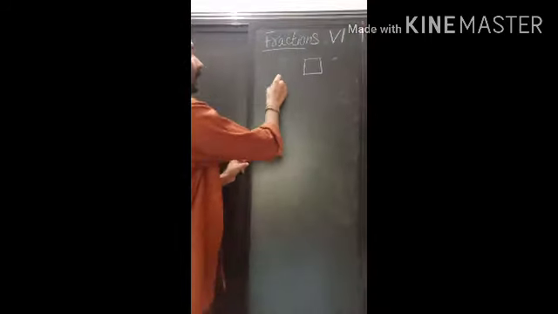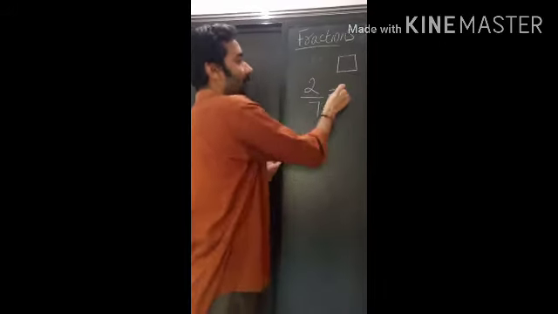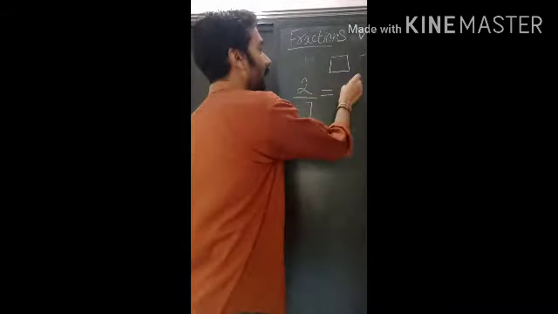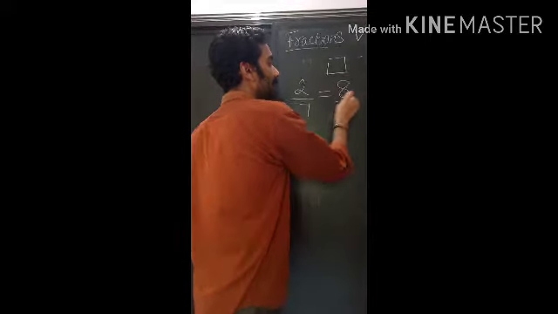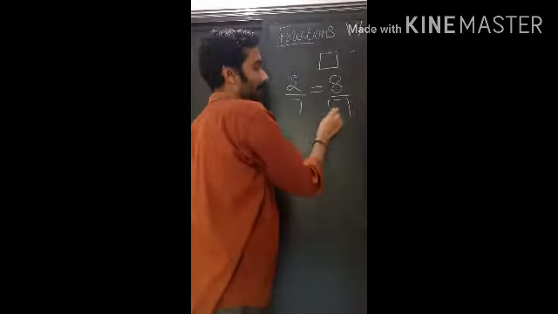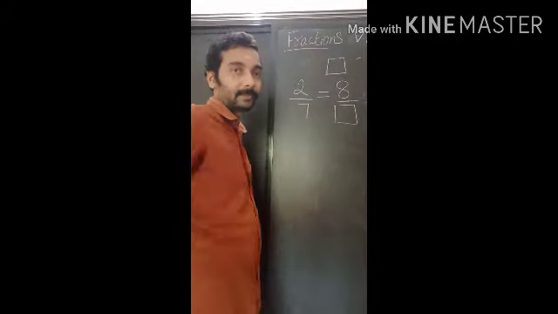Question is 2/7 equals 8 divided by this box, the unknown box. We find the value.